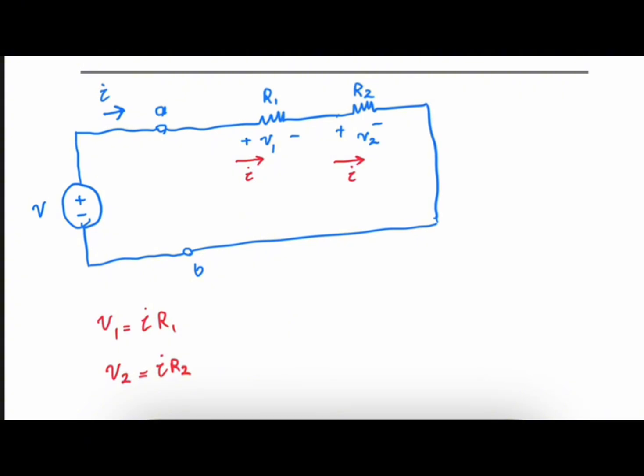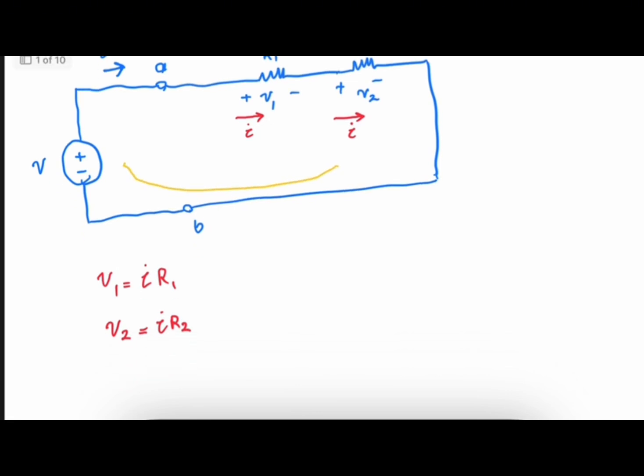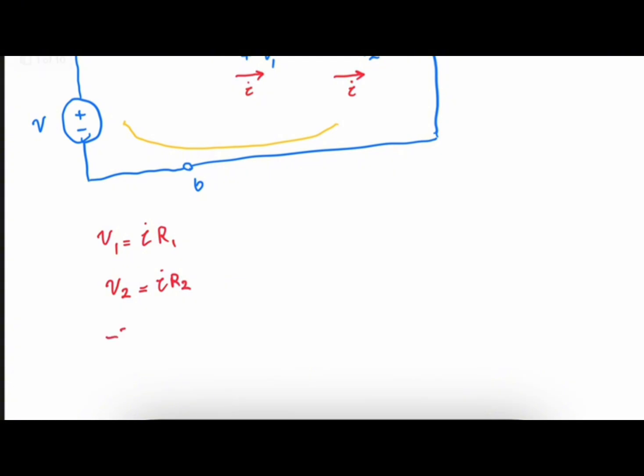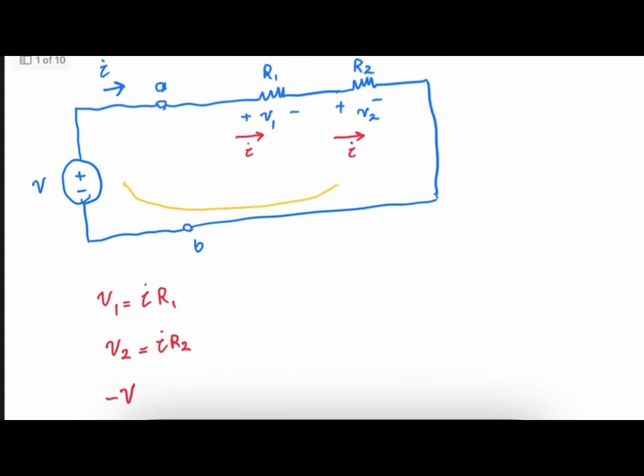So if I apply KVL, first I visit minus V plus V1 plus V2, which must be equal to 0.